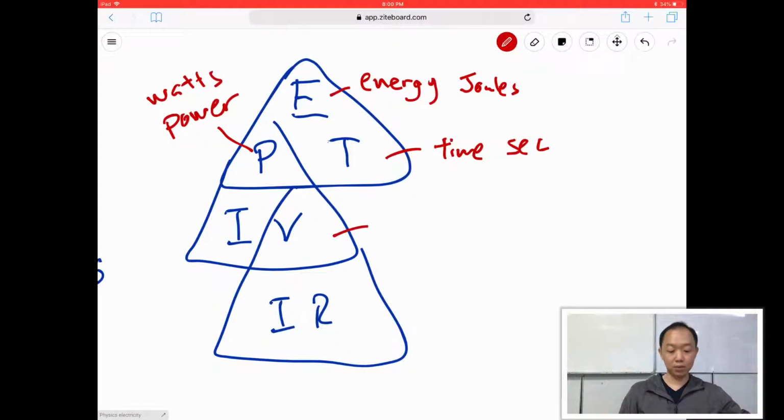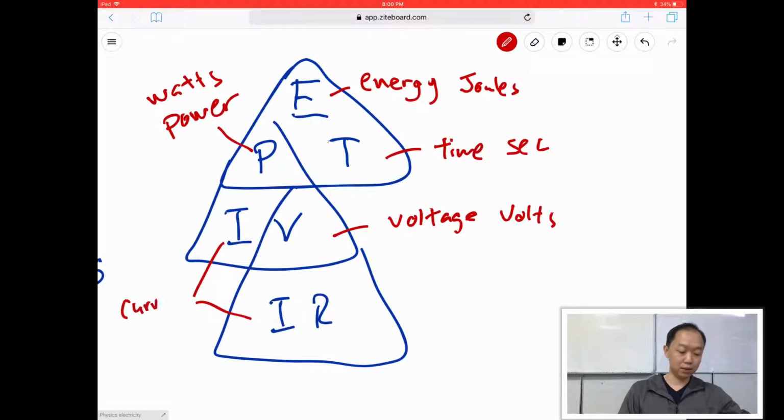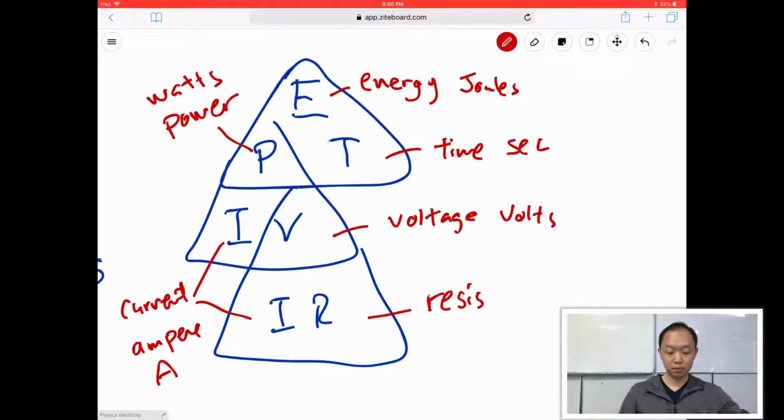Next is V, voltage, and the SI unit is volts. These two I's represent current. Current is in amperes, which is just the letter A, and then R is the resistance. The SI unit for resistance is ohm.